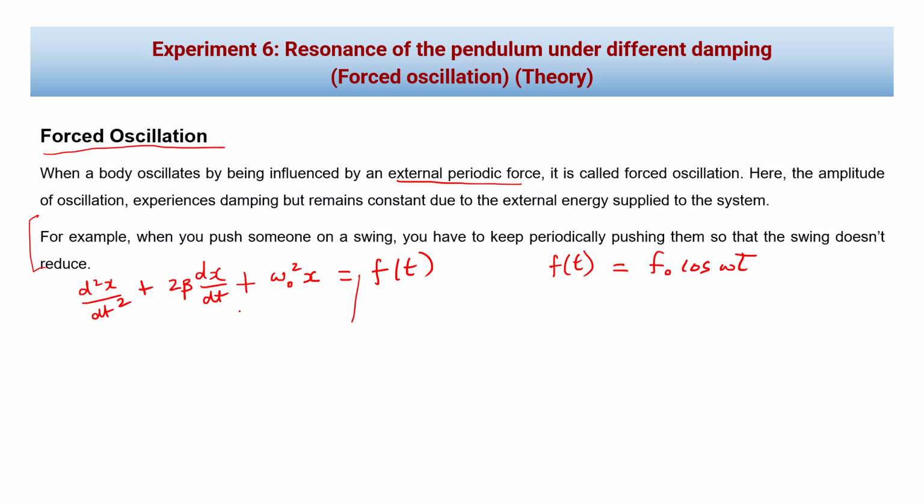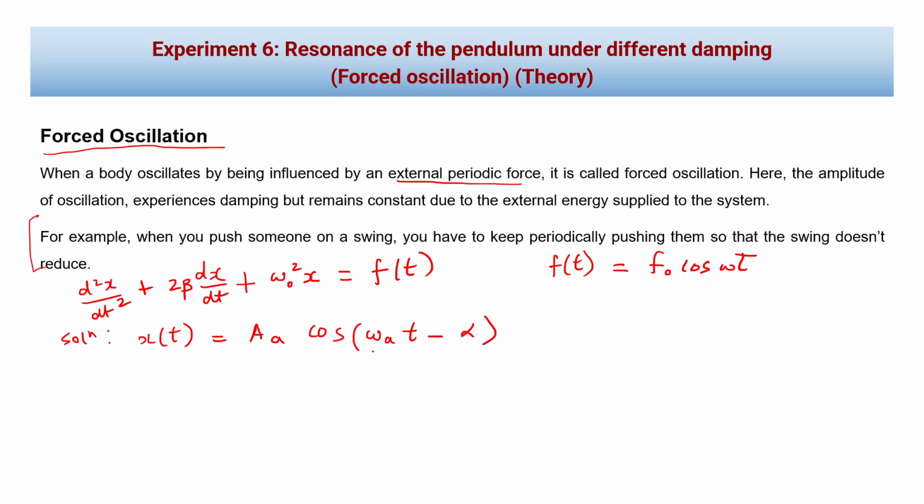Now the solution, after solving this differential equation, is x will be some amplitude a. I'm just denoting it, it can be a prime, a bar, anything is fine. a cos omega a t minus alpha.